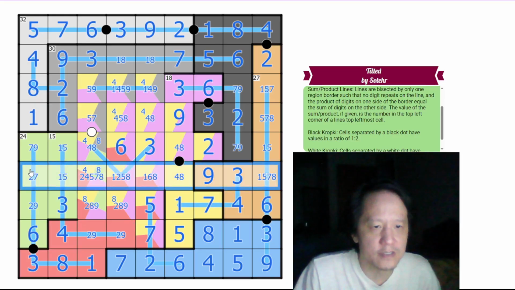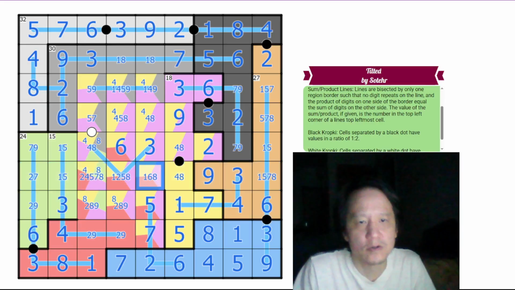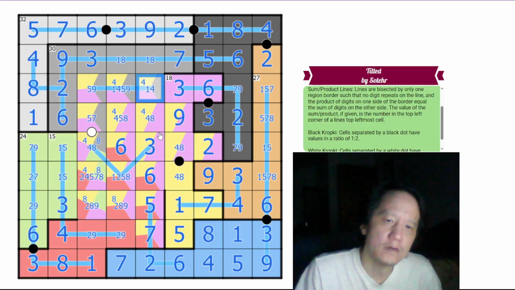Where is the 6 in row 6? It has to be here. This can't be 9. So this is 1 or 4.